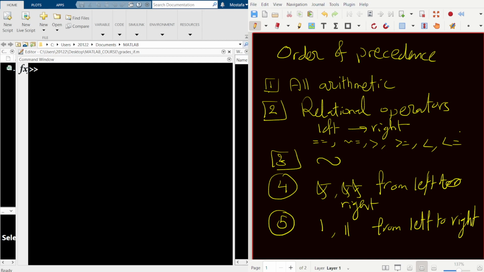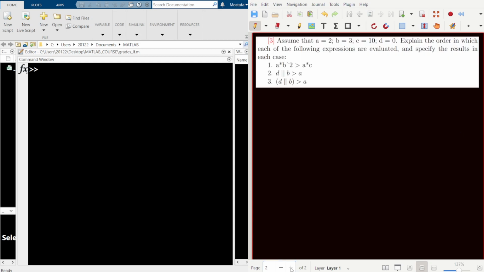So this actually lists all the possible operators that we learned so far and their hierarchy. And it turns out that arithmetic has the top priority, relational operators comes next, tildes, and then OR. To make sure that we understand this, let's take an exercise, and that will appear on the next page here.